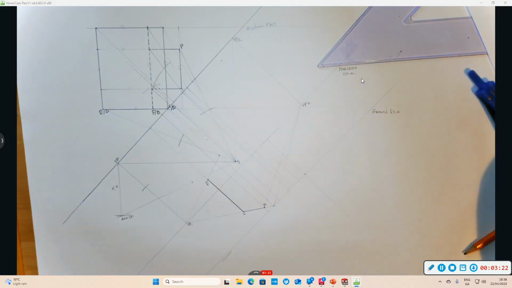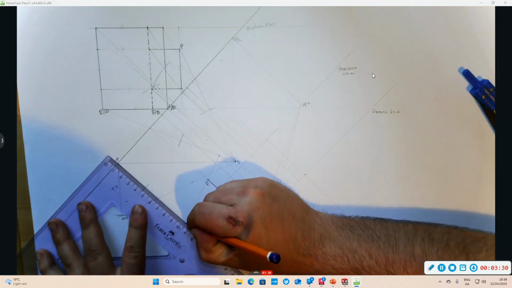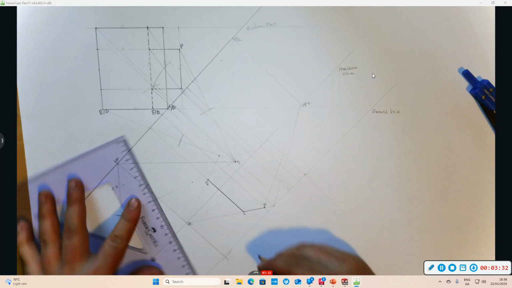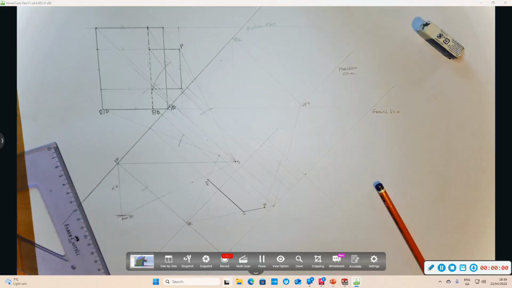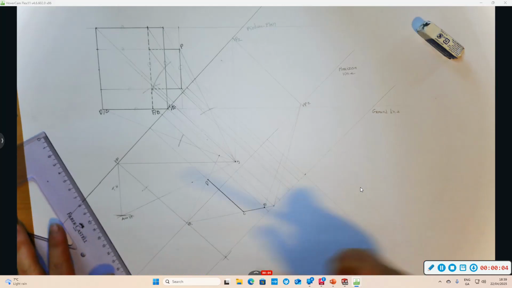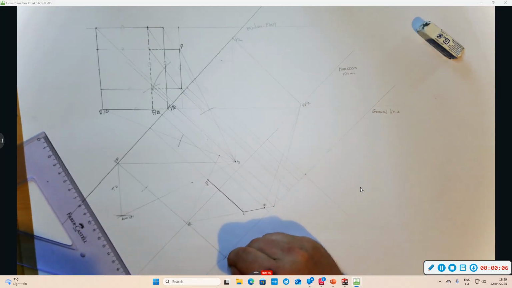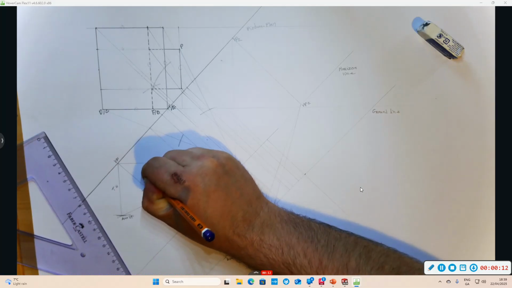Alright, and then we're going to draw a line through these. We're going to connect them, one of these through D. Now, so auxiliary VP1, AUX VP.